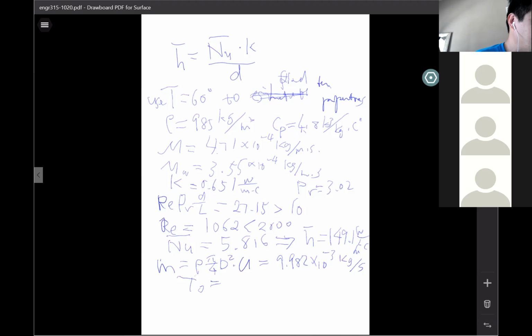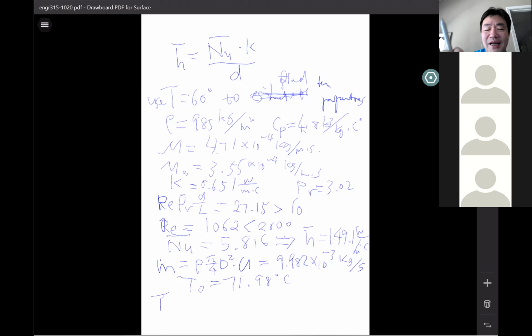Do I have it in the textbook somewhere? Okay, 71.98, almost 72 degrees Celsius. Now I have an outlet temperature, so I can do a better estimation for the properties. We're not going to call it film temperature anymore, because film is only for the boundary layer.